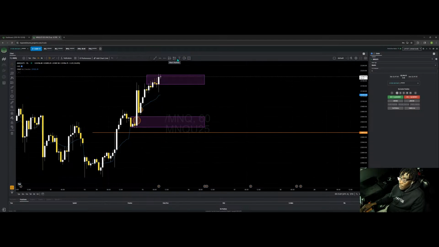It's not much of anything, especially when we have the much cleaner, better price below. But yeah, I can draw it up and see what it looks like on the lower time frames. Then it's another little small one here.